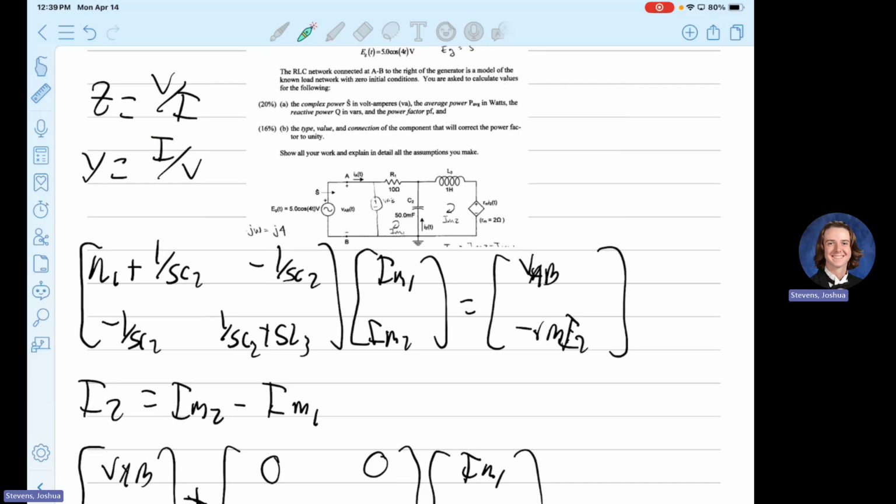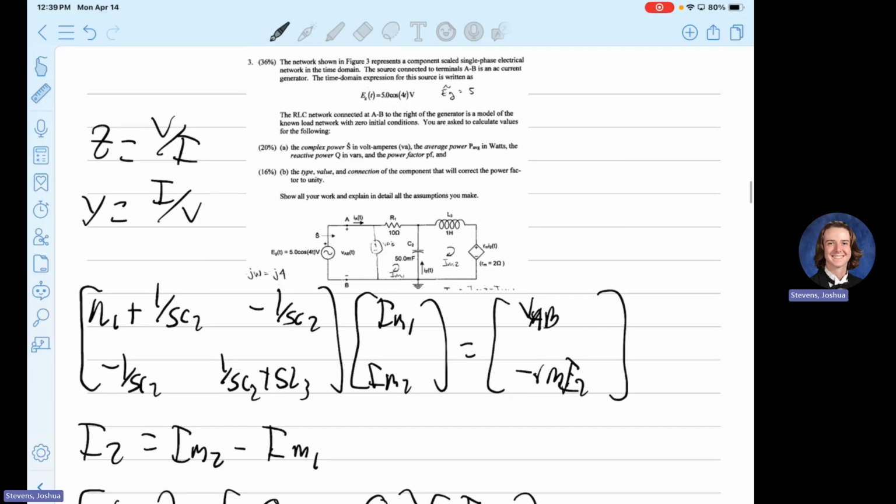You can do Cramer's, but when you do Cramer's, if you find mesh currents with Cramer's, you're going to have your thing equals delta IJ over delta times the other thing. As in, if you're finding mesh currents, it equals delta IJ over delta times V. If you're finding voltage, it's delta IJ over delta times I. Okay.